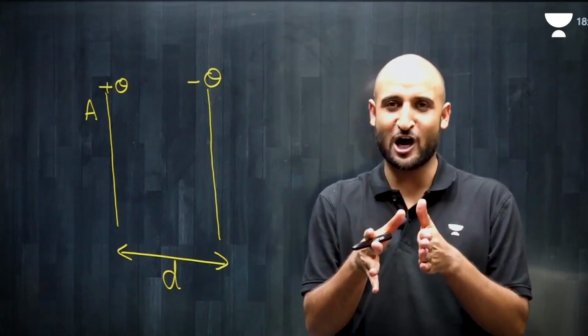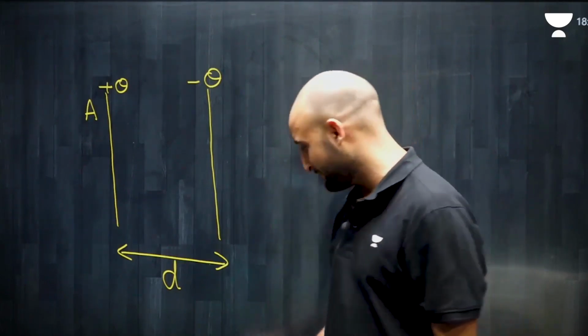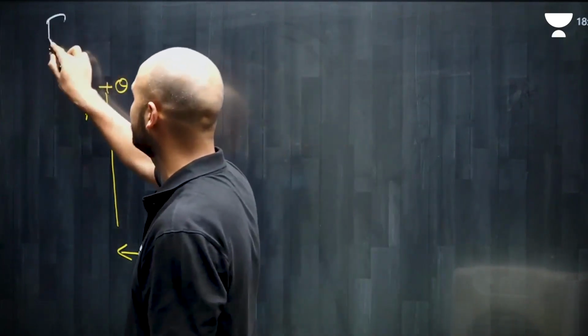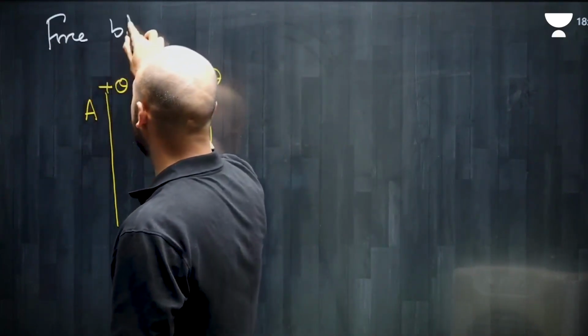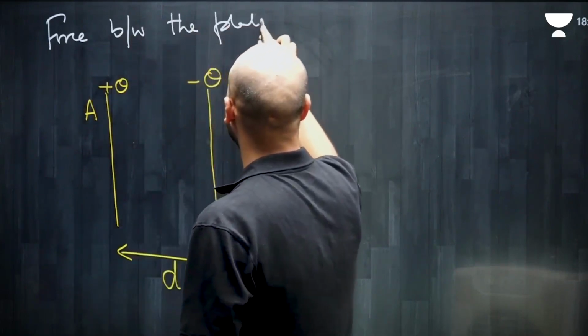So our job is to find what will be the force between the plates of the capacitor, right? I want to know what is the force between the plates of the capacitor.